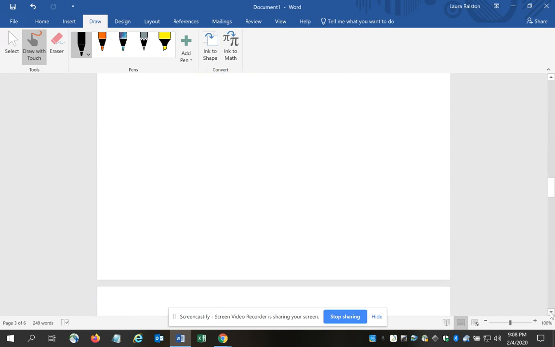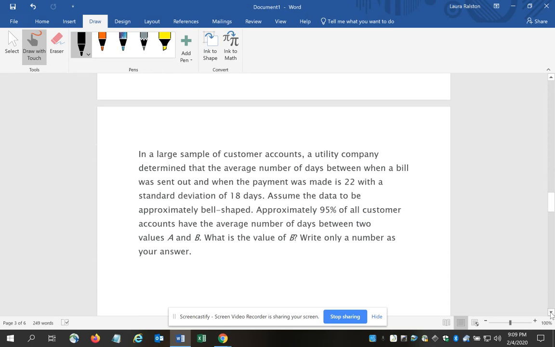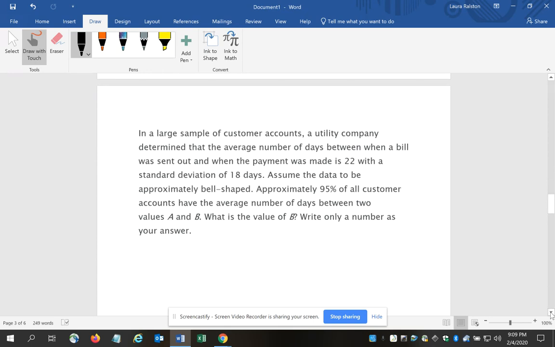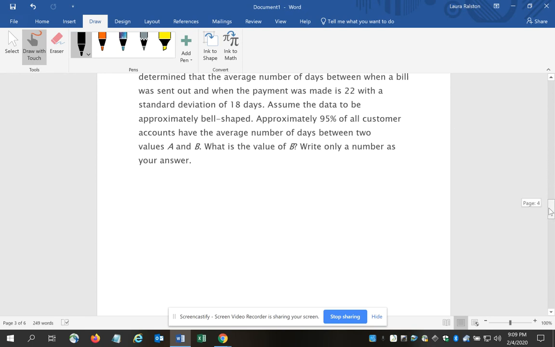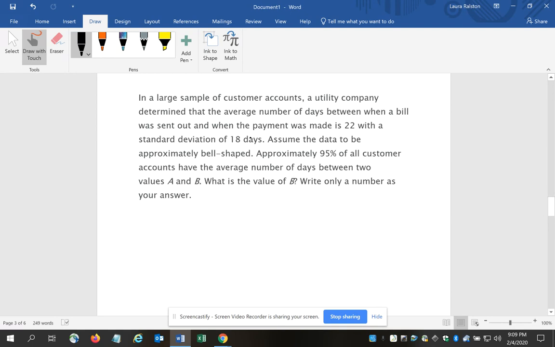A lot of this is going to require you to read carefully and maybe use a highlighter. Notice that I'm using different colors; that may be helpful to you, but you need to read slowly and carefully.